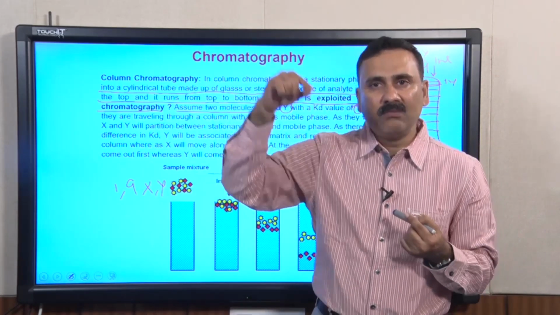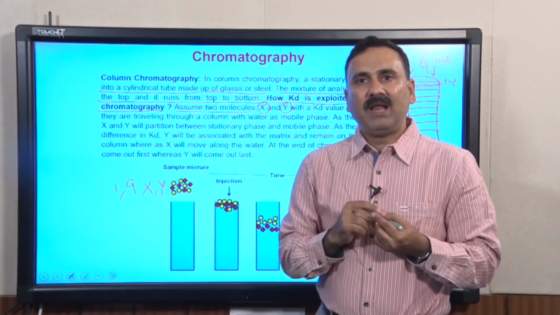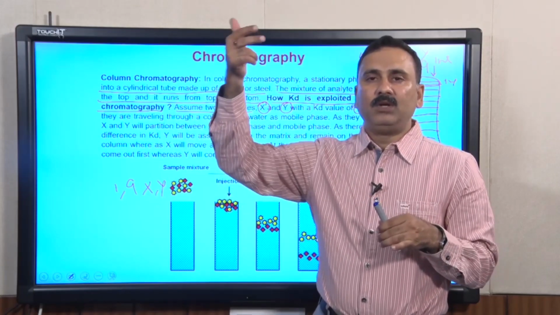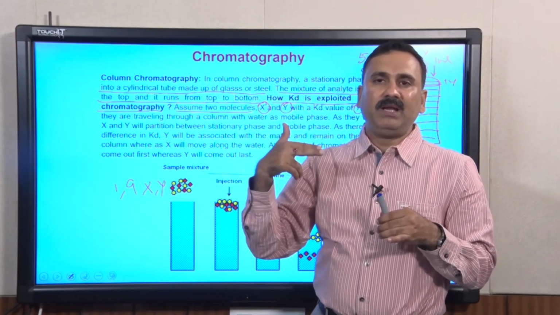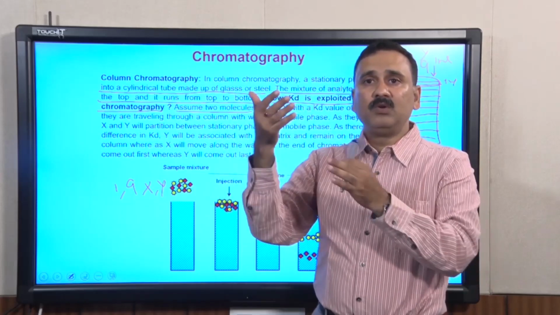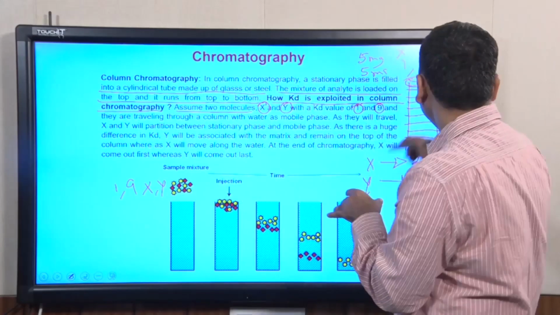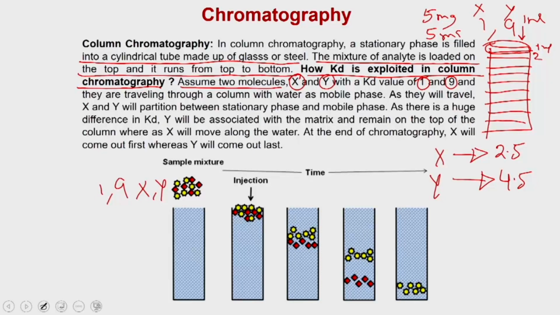Now, if you flow 1 more ml, what will happen is that 1.25 milligrams of X is going to be transferred to layer number 2, and the 1.25 from the aqueous is going to be transferred into the first layer.